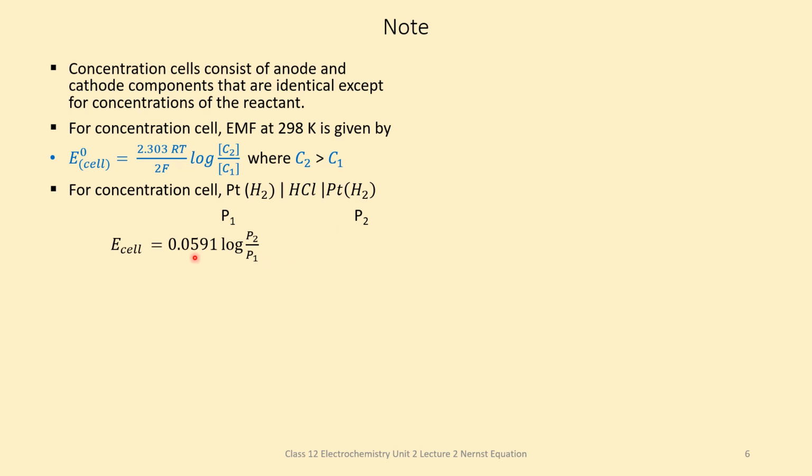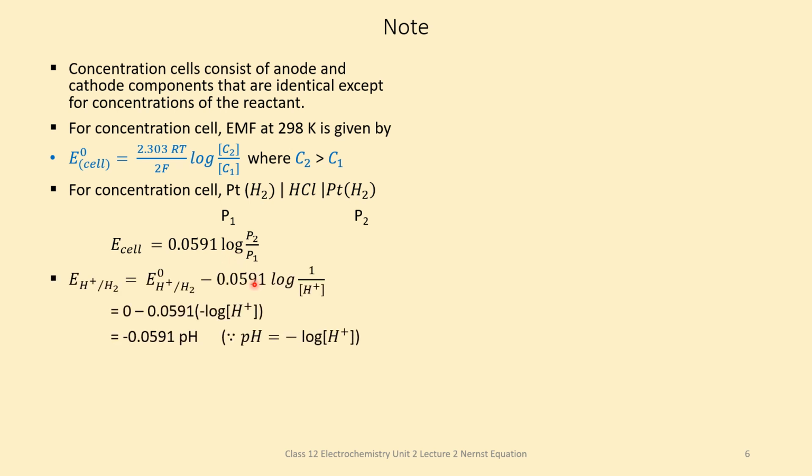So, E of cell will be equal to 0.0591 log of P2 by P1. So, we will write the equation again here. E of H+ to H2 equals E naught of H+ to H2 minus 0.0591 log of 1 over H+.